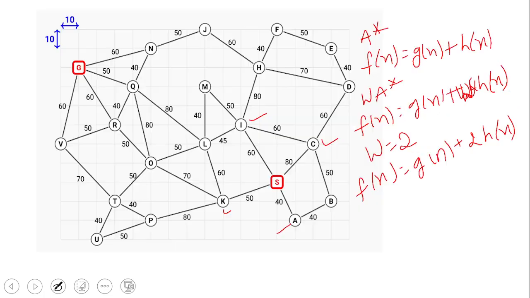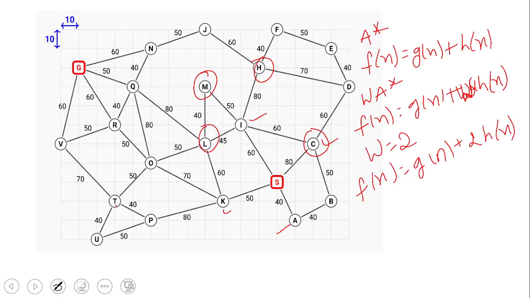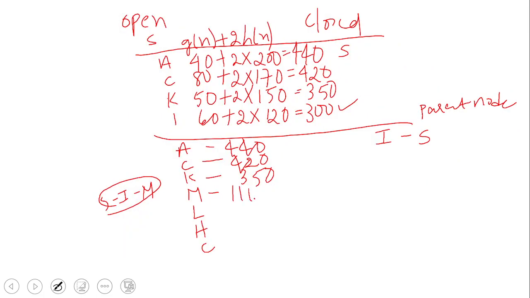Now expand the node I. Whenever we expand the node I, the nodes connected to I are M, L, H and C. For M, we reach from S to I and I to M, so g of n is 60 plus 50, which is 110, plus 2 into the h of n value for M, which is 80.